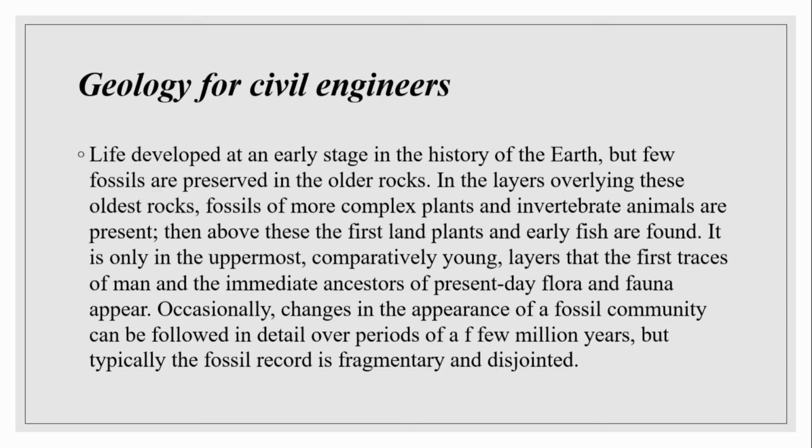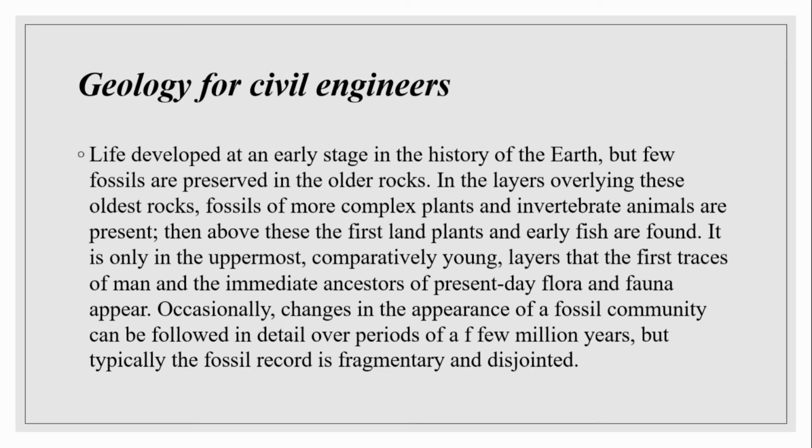Life developed at an early stage of the history of the Earth, but few fossils are preserved in the older rocks. Occasionally, changes in the appearance of a fossil community can be followed in detail over periods of a few million years. But typically, the fossil record is fragmentary and disjointed.